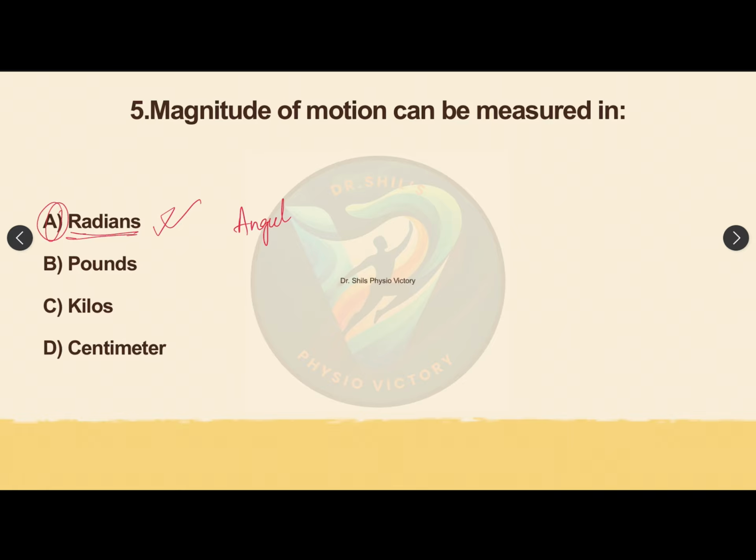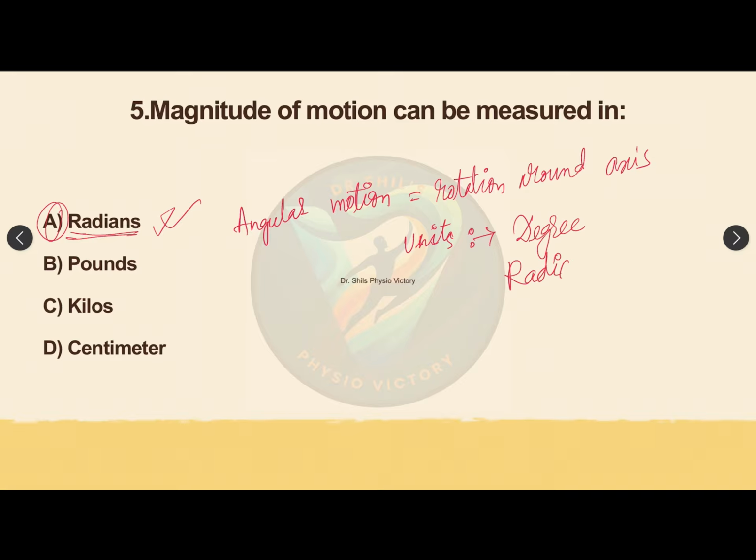Angular motion is equal to rotation around an axis. Units: degree and radian, the SI unit.